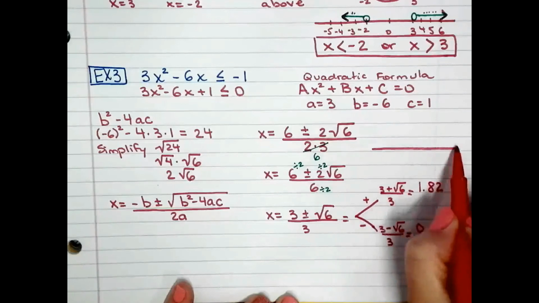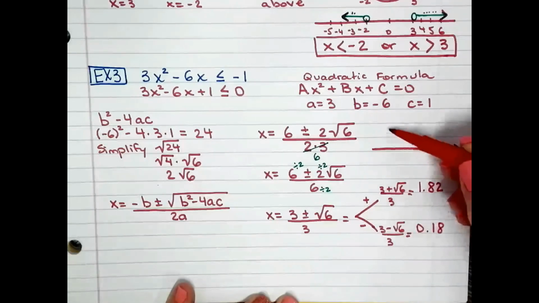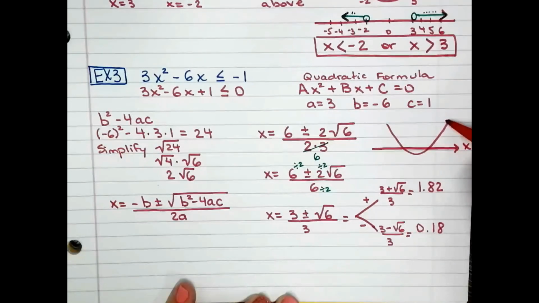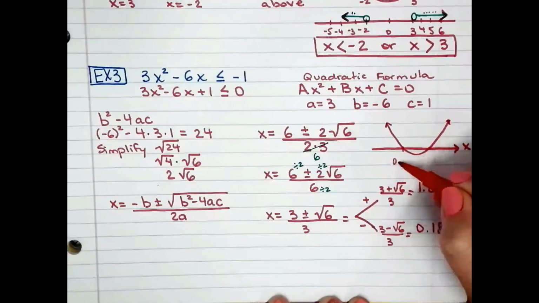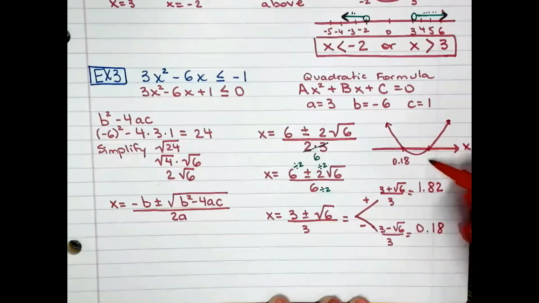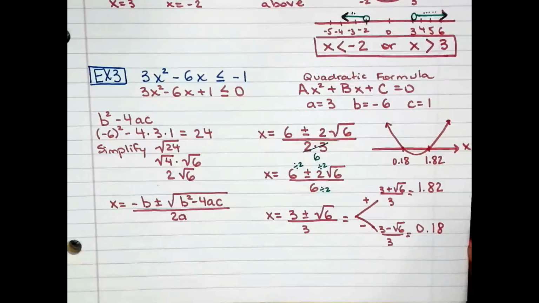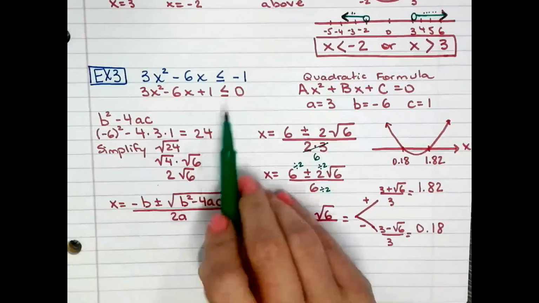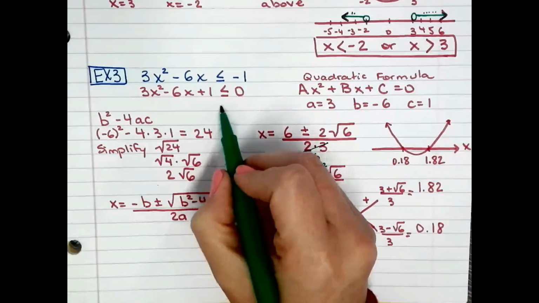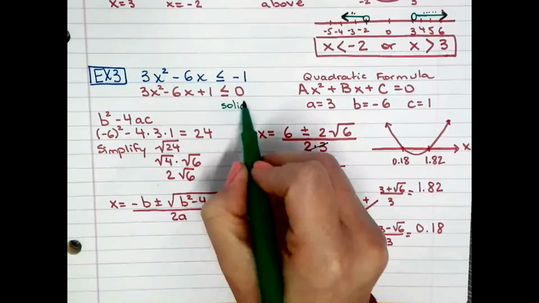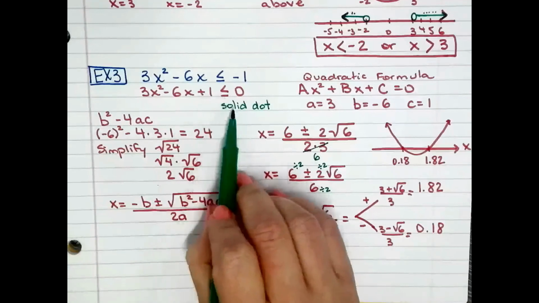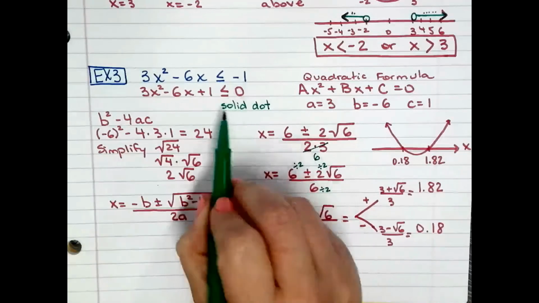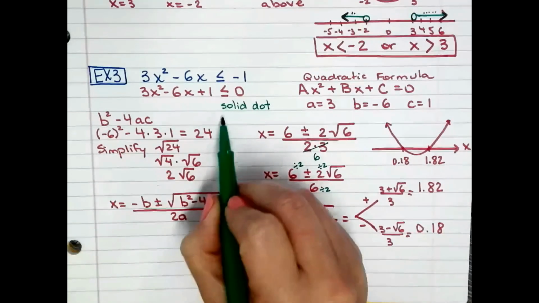This is my pretty little x-axis. My parabola right there. And I have 0.18. And I have 1.82. All right, we're getting somewhere. This is a solid dot. That means it includes the number. And we shade below.